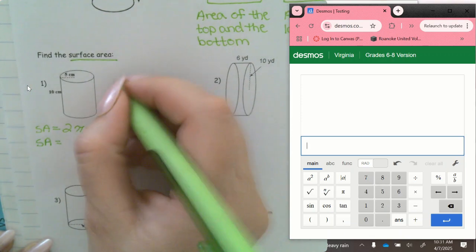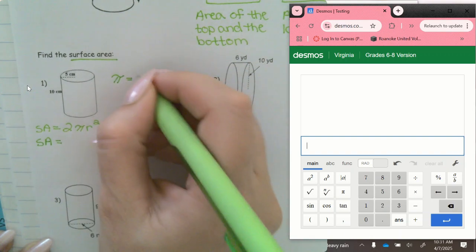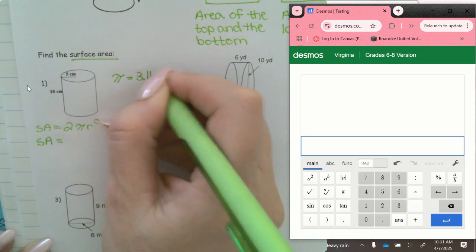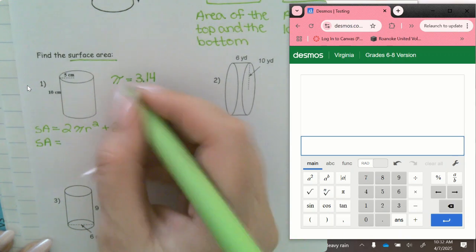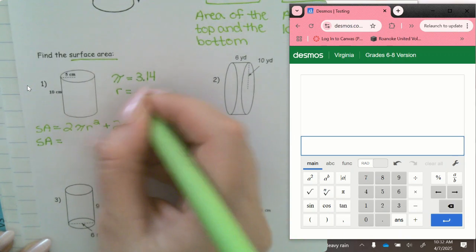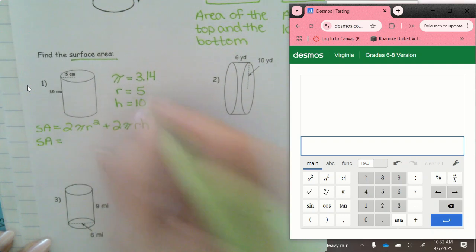With everything we're doing in class, what are we substituting in for the value of pi? 3.14. When I substitute in the values for this particular example, what is my radius? And what is my height? Good. Okay.